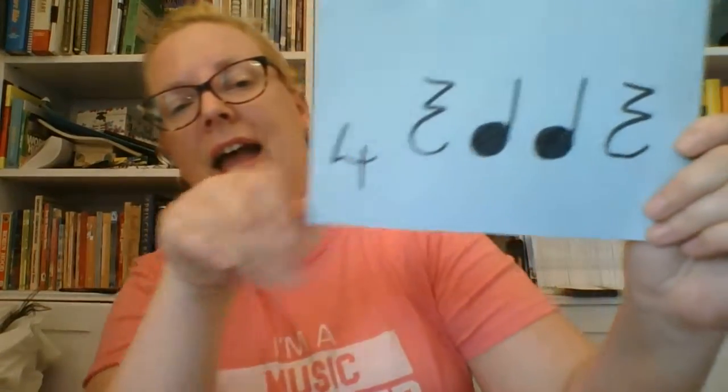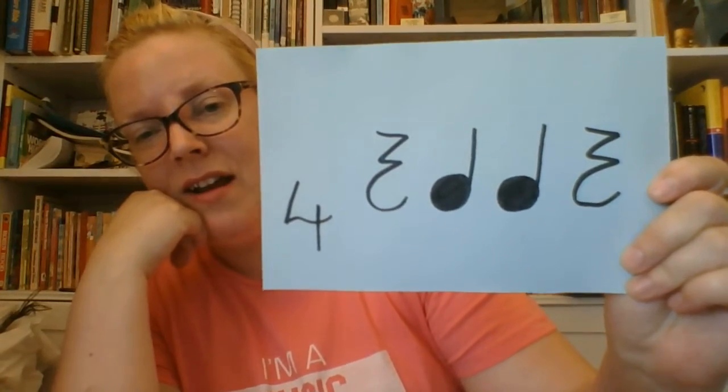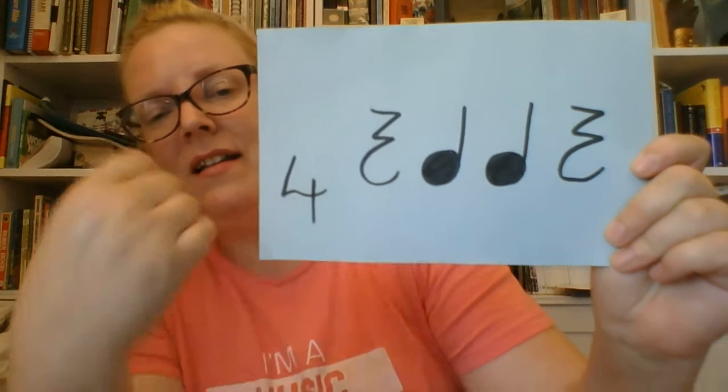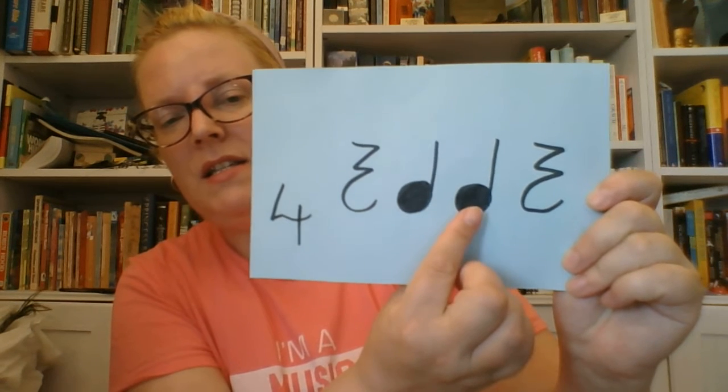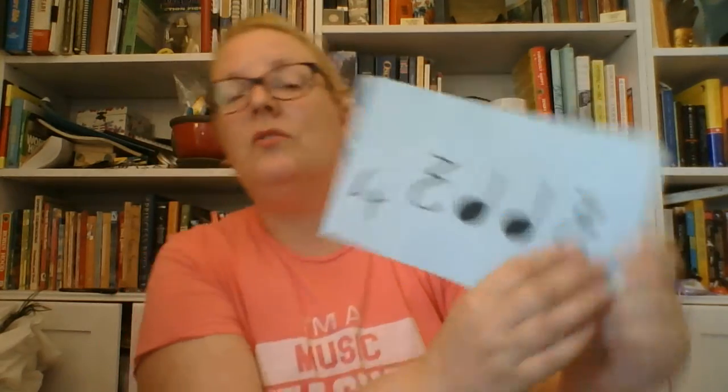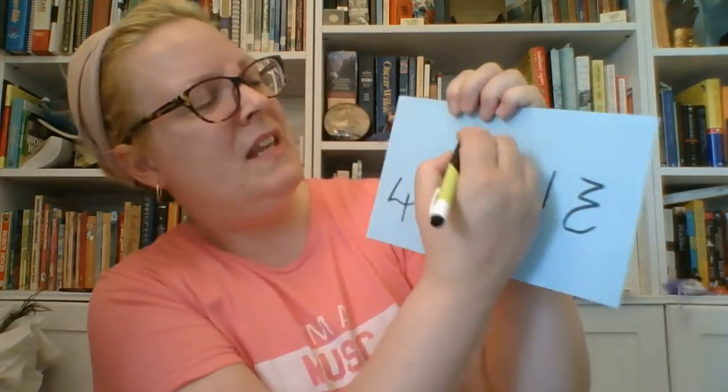Okay, last one. Here we go. How many quarters are on this card? Start counting with 1. 1, 2, 3, 4. Correct. There are 4 quarter symbols on this card. I just dropped my marker, so I'm going to try this with pencil and see if that works. Here we go.